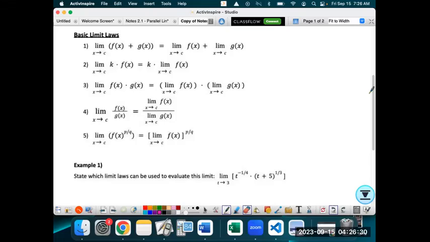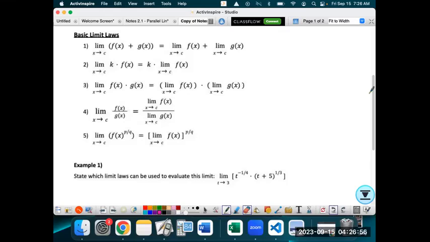You can only break it up if the limit of the lower function does not equal 0. If it equals 0, sorry, you cannot break it up. And we will actually be looking at some examples of this. So just be prepared. If you want to break limits up that way, you have to double check. Does that denominator limit equal 0? If so, sorry, you cannot use this technique.